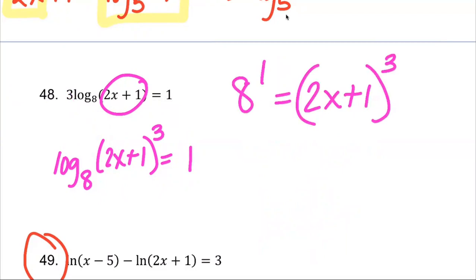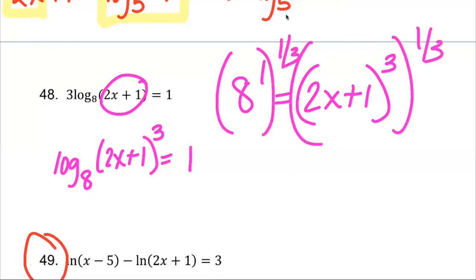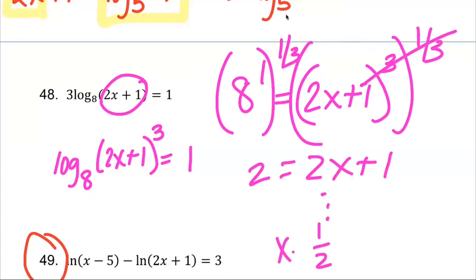Well, I have to get rid of that cube root. So I cube root both sides, or I raise both sides to the 1/3, the reciprocal. So I'm doing the same thing both ways. Just ends up being whatever your preference is.